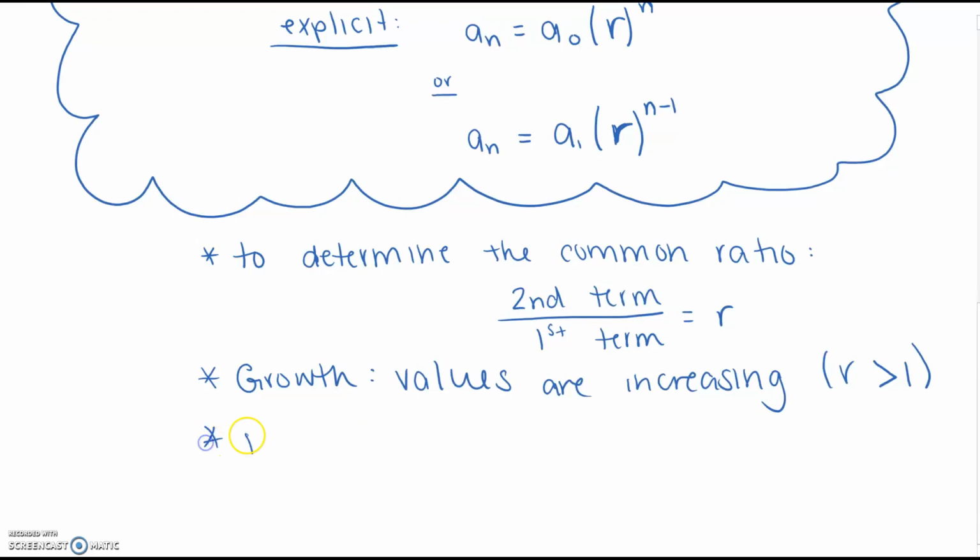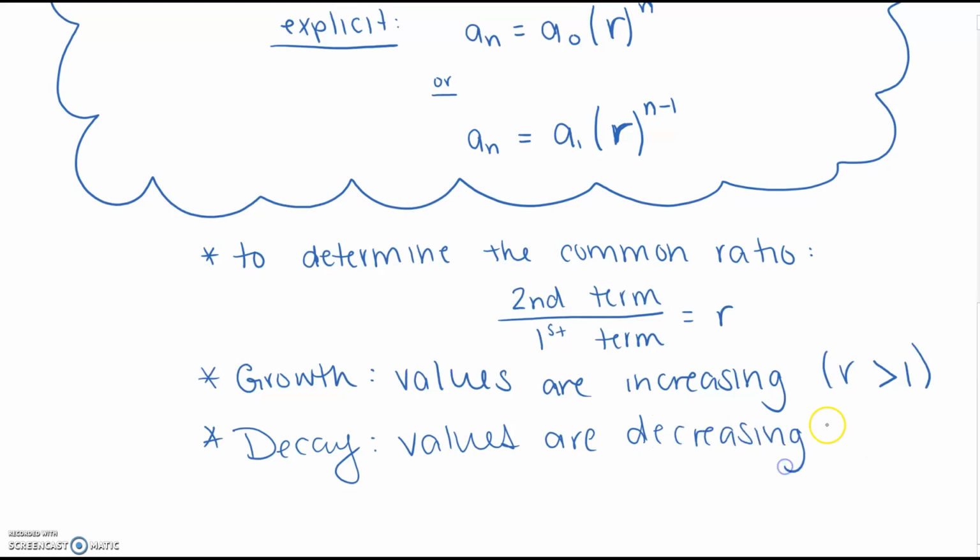And then decay, your values are decreasing, so r is going to be in between 0 and 1. So it can't be 0, it's not going to be negative. It's going to be between 0 and 1, basically meaning a fraction. So 1/2, 1/4, 1/3, etc.